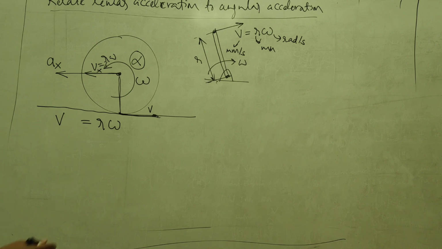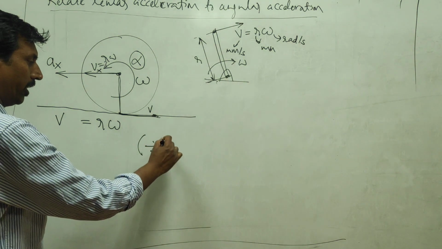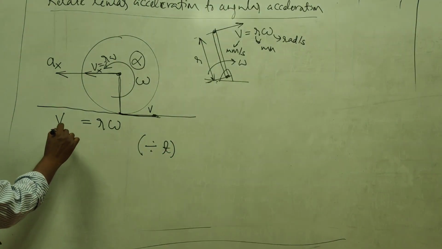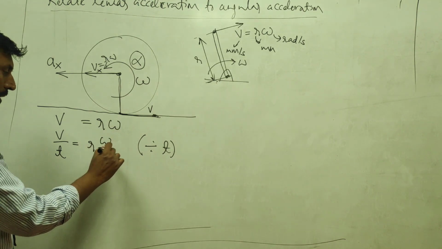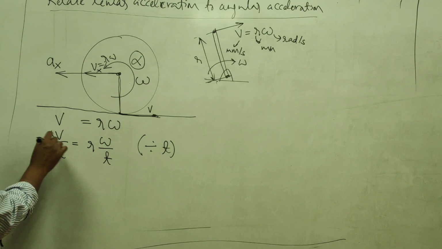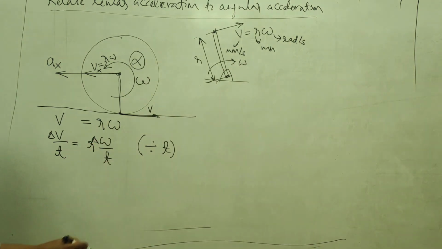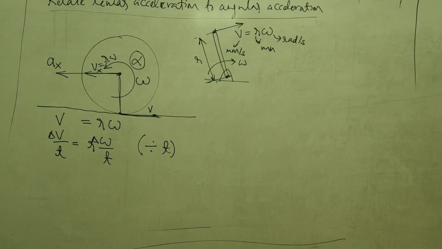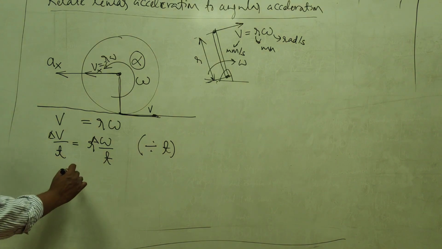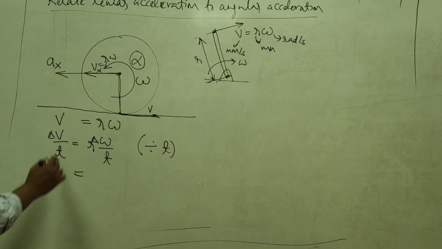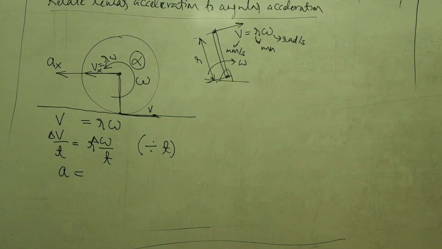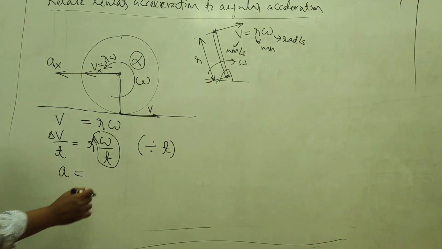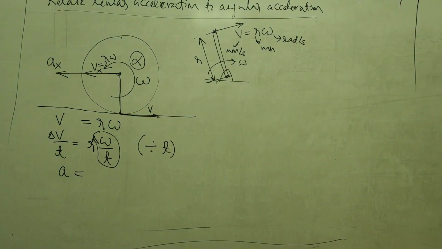So what we'll do is, we'll divide both the sides by t. We know v by t is acceleration, and r times omega by t. Basically, we are speaking in terms of change in velocity divided by time and change in angular velocity divided by time. So, can you tell me what would be the equation? Change in velocity divided by time is equal to acceleration, and change in angular velocity with respect to time, how fast the angular velocity of a body changes, is called angular acceleration.